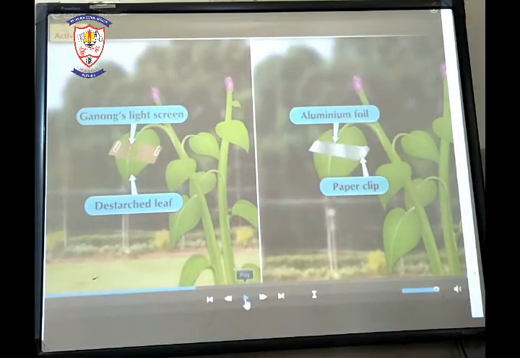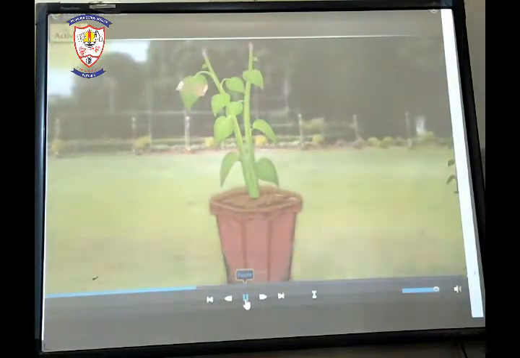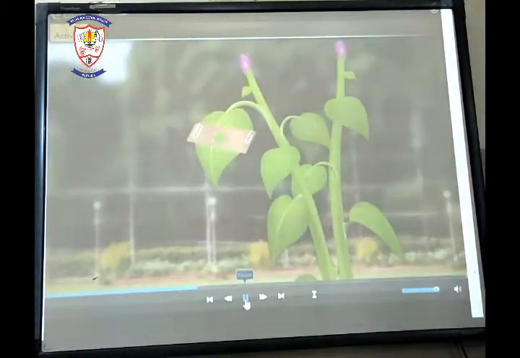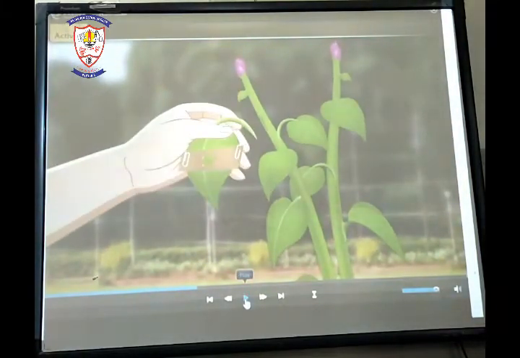And we can understand that sunlight does not reach under the area where the aluminum foil is kept, and the remaining part of the leaf remains exposed to sunlight, and we can see there the aluminum foil or Ganong plate.